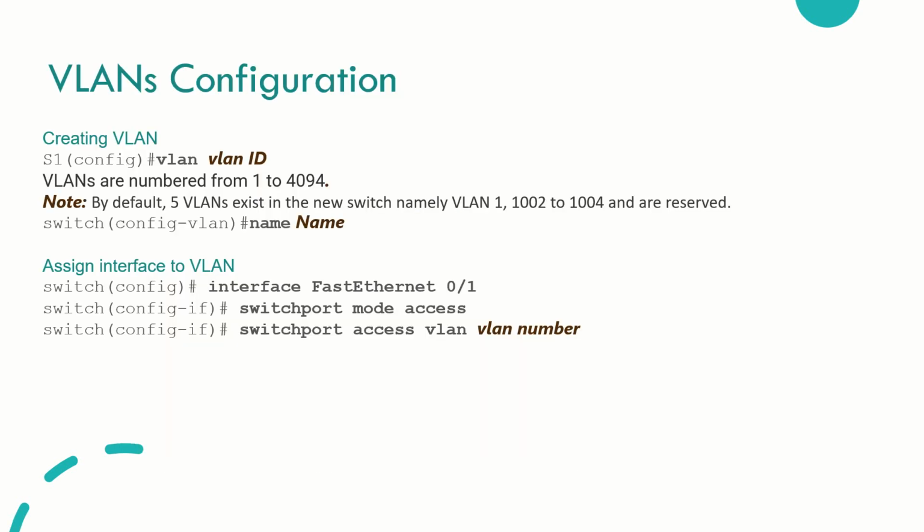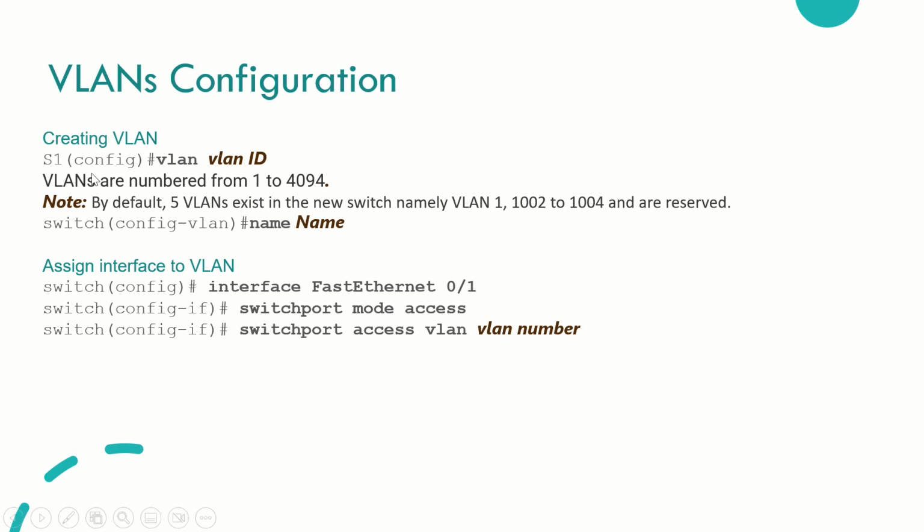And about configuration, how we can configure VLAN, how we can enable VLAN. First, we should use the VLAN command, and also what is VLAN ID? VLAN ID or VLAN number is used to create VLAN.